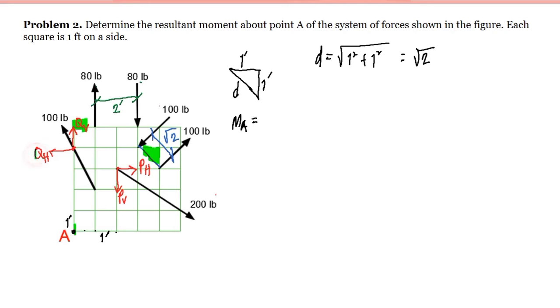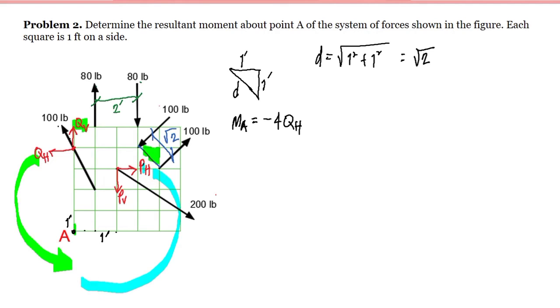And this horizontal component of the force Q will rotate counterclockwise with respect to point A. So therefore, it will create a negative moment, and we have negative 4 times the horizontal component of the force Q here. And for this horizontal component of the force P, it will create a clockwise rotation with respect to point A, the same with this vertical component, which will also create a clockwise rotation.